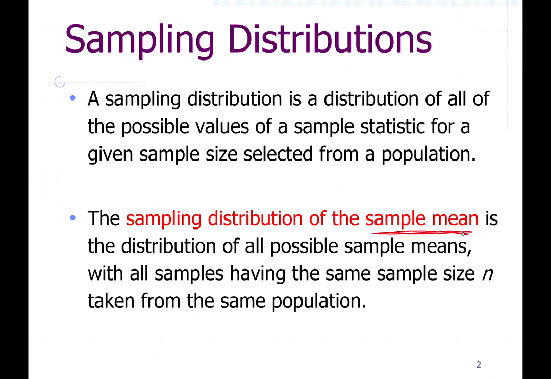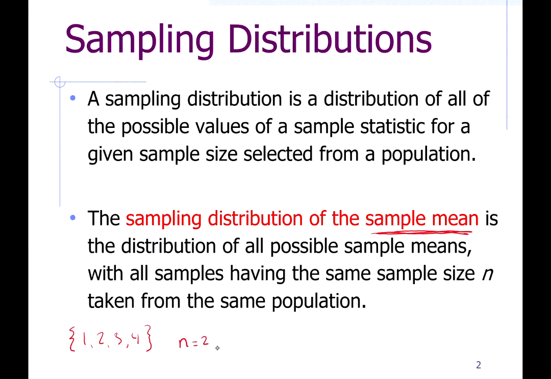Let's say we have a sample of values. Let's just say our sample is 1, 2, 3, 4. Let's say this is our population. There's only 4 numbers in the population. And we're going to take samples of size 2.